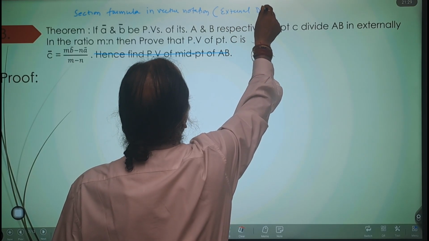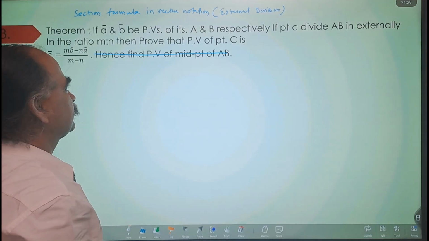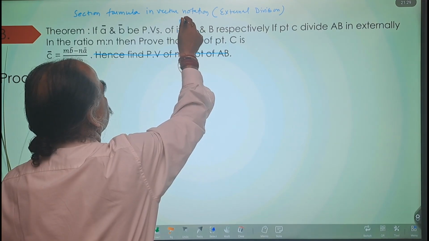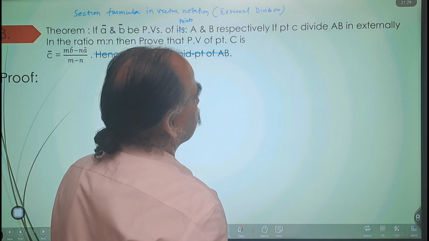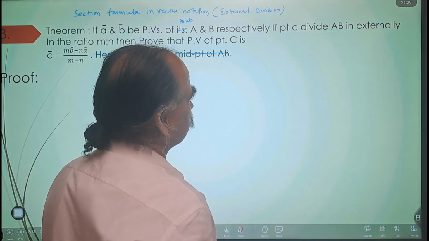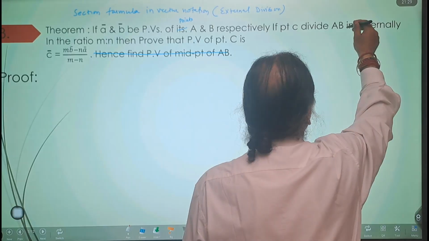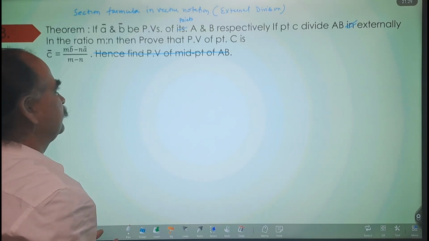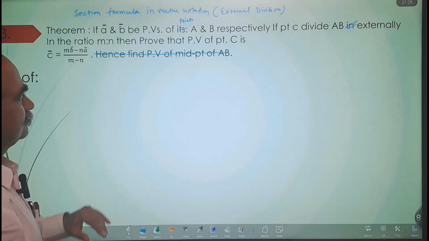If A bar and B bar be position vectors of points A and B respectively, if point C divides AB externally in the ratio m is to n, then prove that position vector of point C is C bar is equal to m B bar minus n A bar upon m minus n.